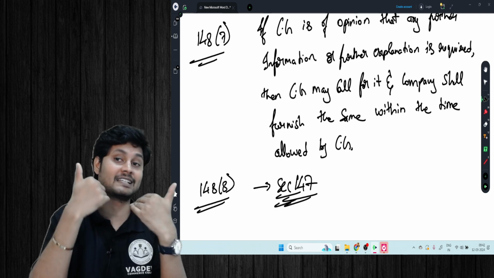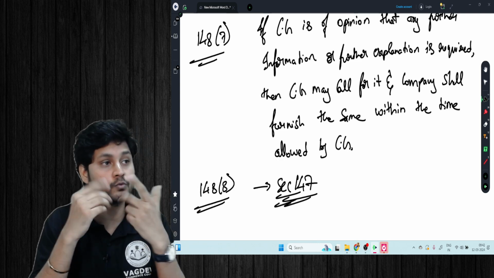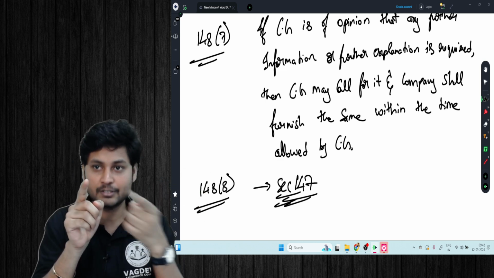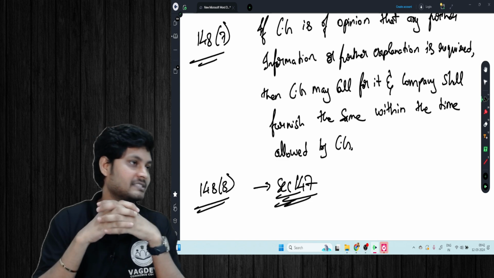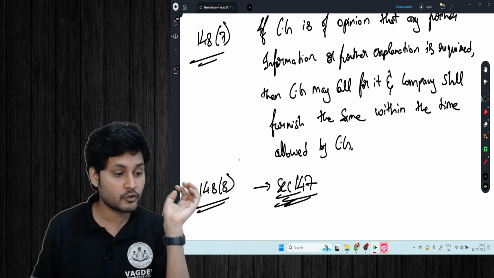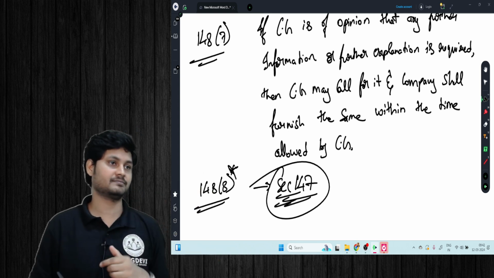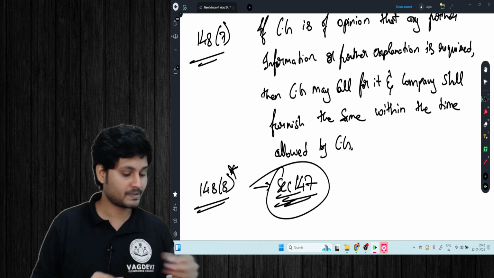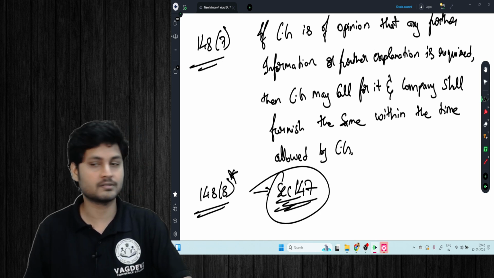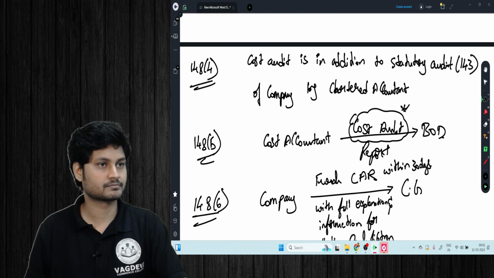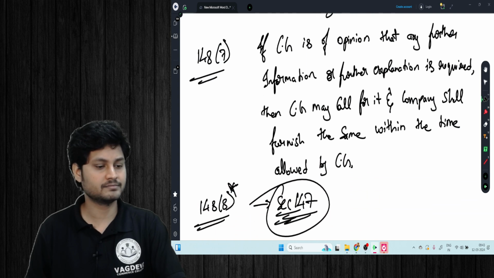Hence we need to read section number 147. I will go to 147 once I complete 141, 142, 143 and all these things. So for the time being, I am ignoring section 148 subsection number 8, which talks about 147. Please read, take 2 minutes and refer to all the provisions. It is simple only.